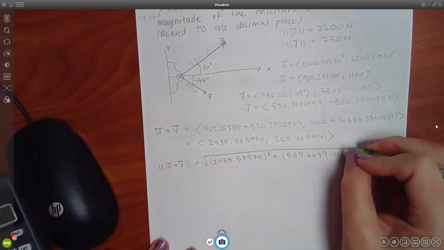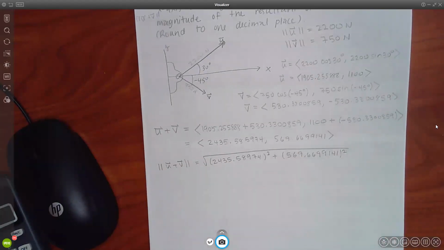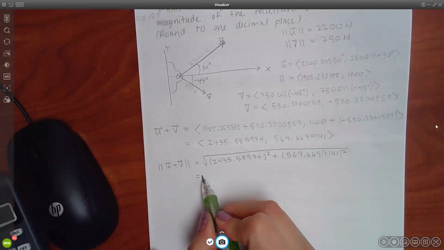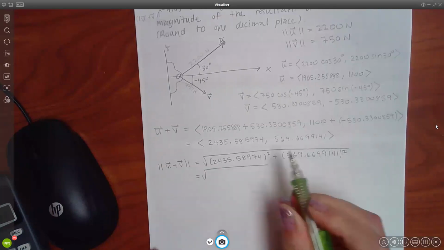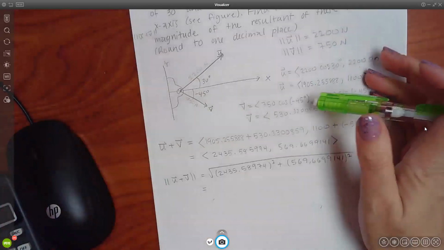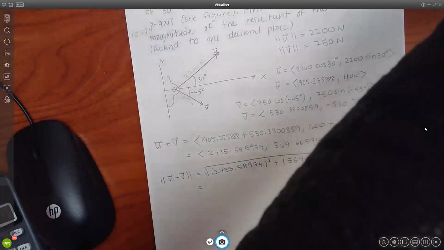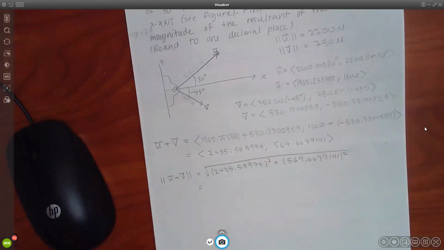But if you just write what you get when you square them, that's okay too. Kind of save yourself a little bit of writing. For me, I'm not even going to bother. I'm just going to type all of that in my calculator. I'm not bringing the right calculator, but it's okay.